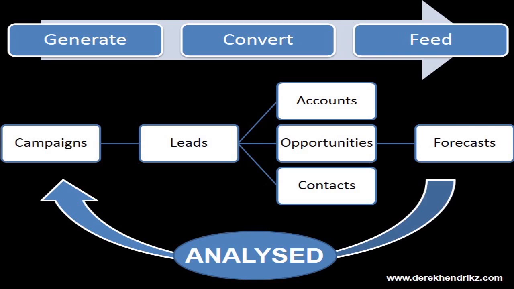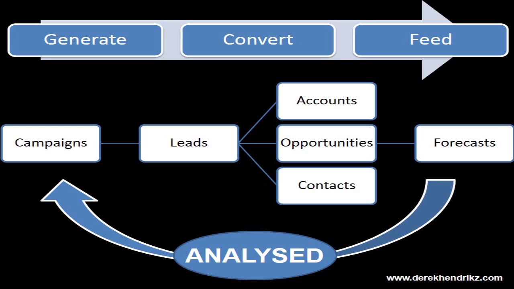Traditionally, we understand CRM, customer relations management, as a generate, convert, and feed cycle. What happens here is campaigns, marketing in other words, are generated into leads. Leads are converted into accounts, opportunities, and contacts, and these are then fed into forecasts.